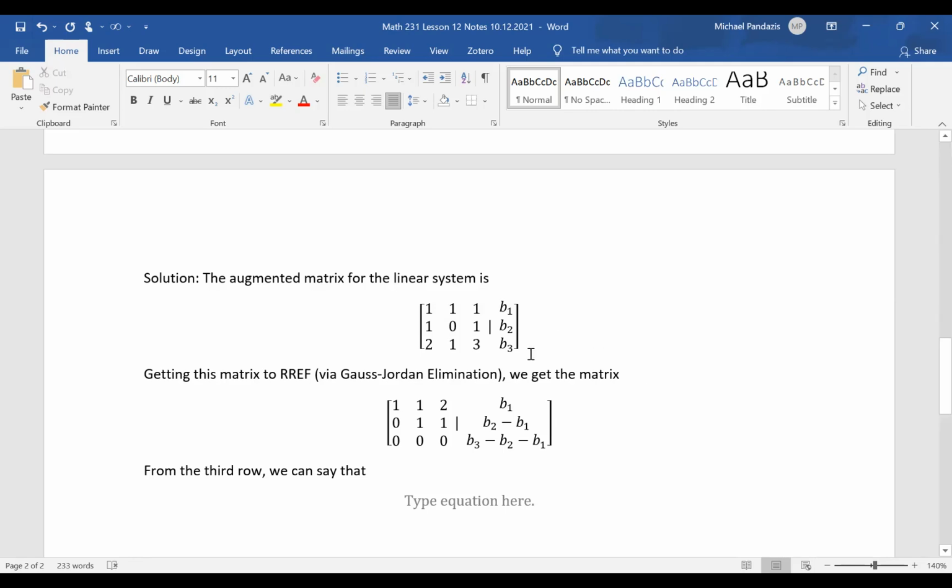There are lots of steps when you get it to reduced echelon form. I just thought you were writing the steps when you said B3 minus B2 minus B1. No, I'm cutting to the chase. I'm saying the result of Gauss-Jordan elimination is that.